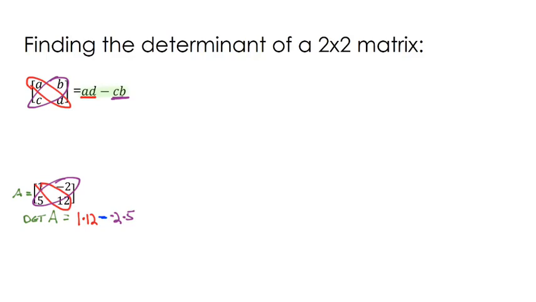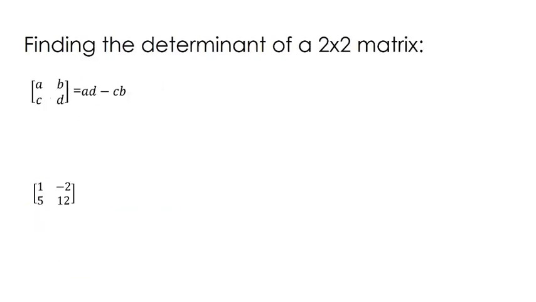So if I do that math, the determinant of A would be 12 minus negative 10, which in effect would be 12 plus 10, or 22. So the determinant of matrix A is 22.